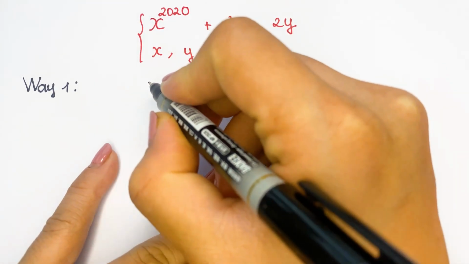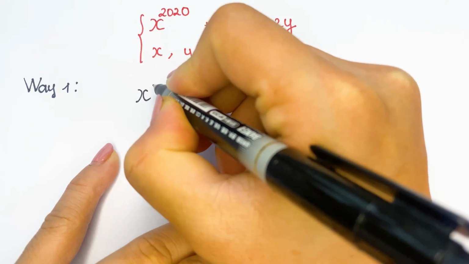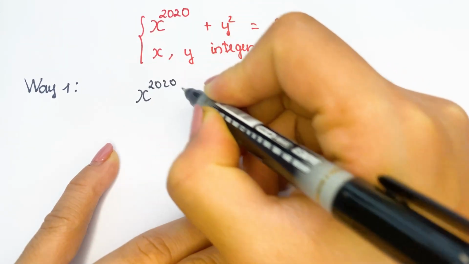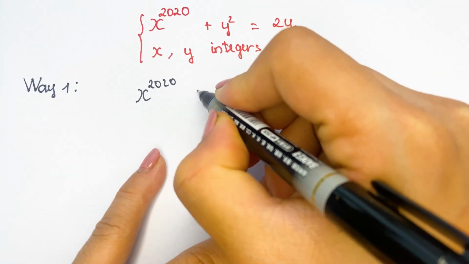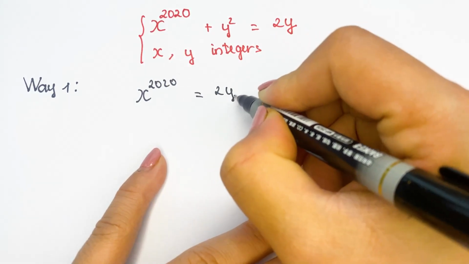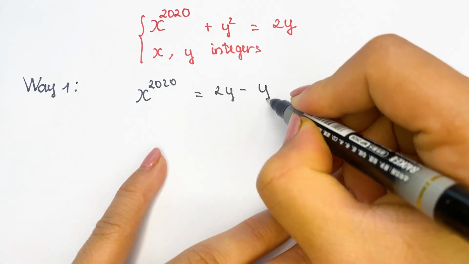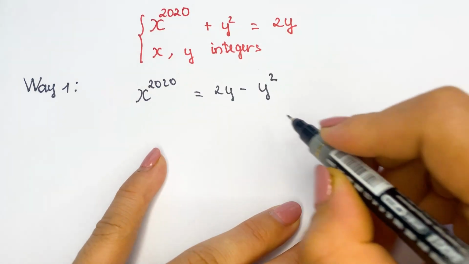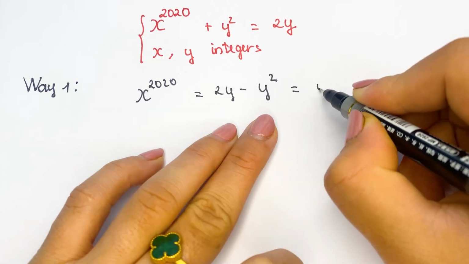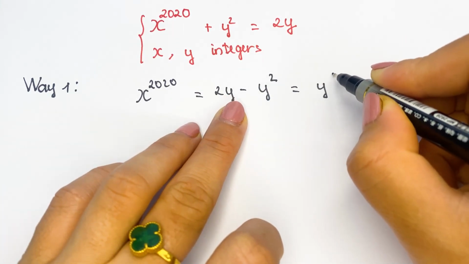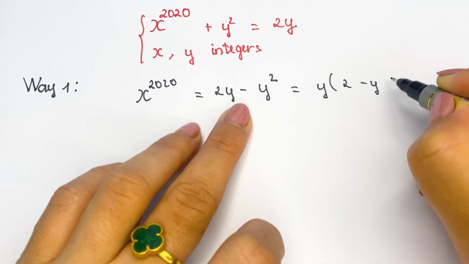So therefore we can get x^20 equals 2y minus y squared. So you can rewrite, y is a common factor, y(2 minus y).